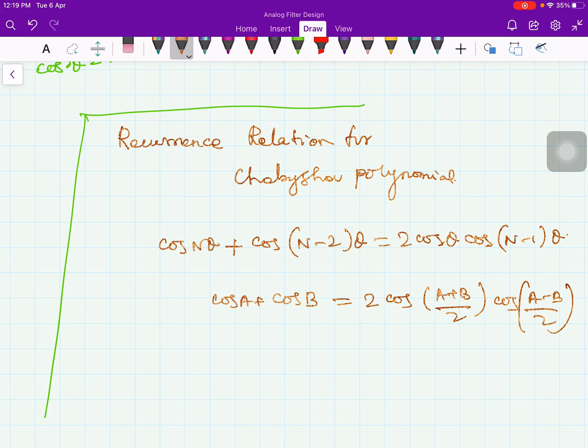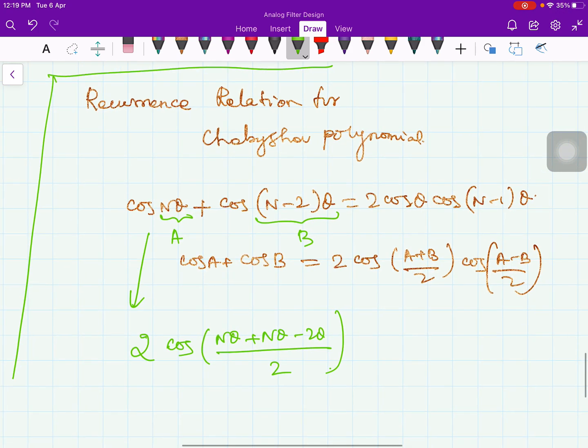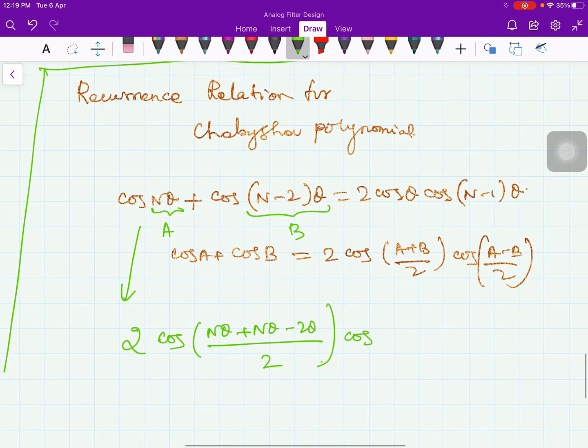So here this is A and this one is B, therefore this is 2 times cosine of A plus B, that is n theta plus n theta minus 2 theta divided by 2, times cosine of A minus B, that is n theta minus n theta plus 2 theta by 2.